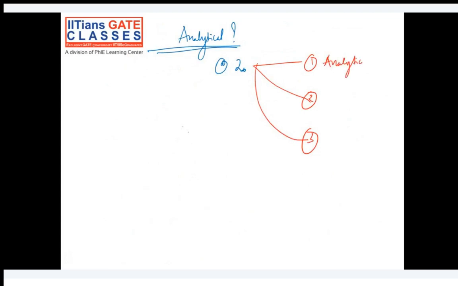Second is the construction of analytical function. And third is finding the harmonic conjugate. These are the three types of problems you can expect from this first topic, that is analyticity.